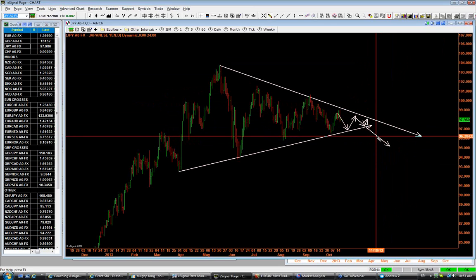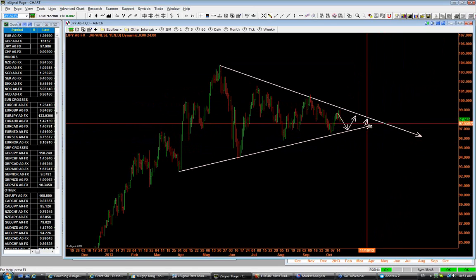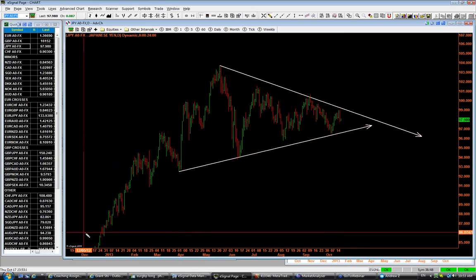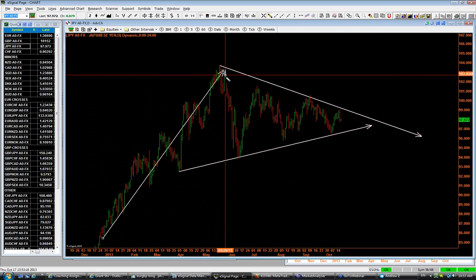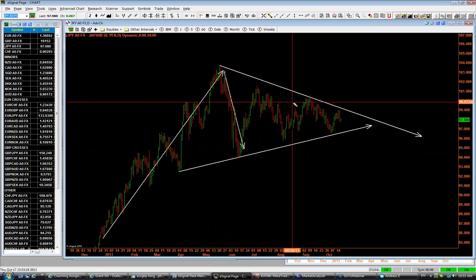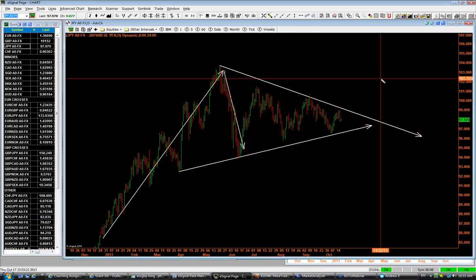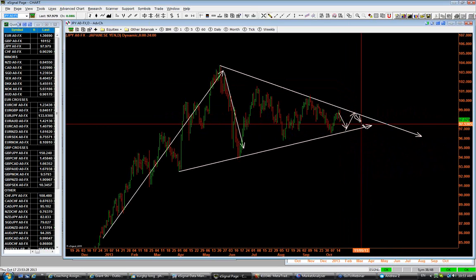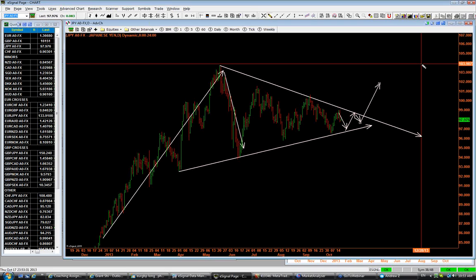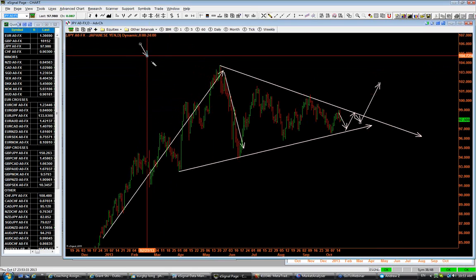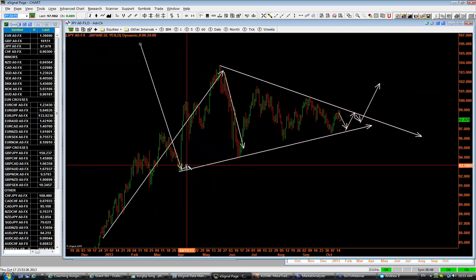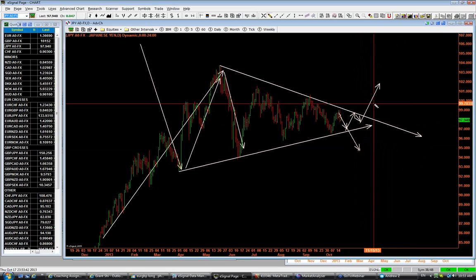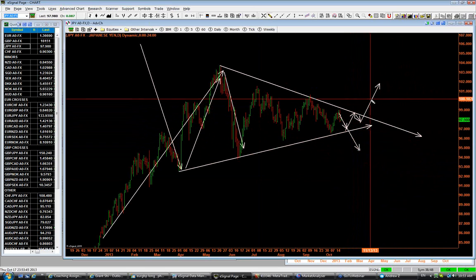Technically, if price gets into the triangle from the bottom and moves between these two lines of the triangle, 80%, it may break out of that downtrend. If the price gets into the triangle from the top, technically it will break out of the support, just keeping the same direction.